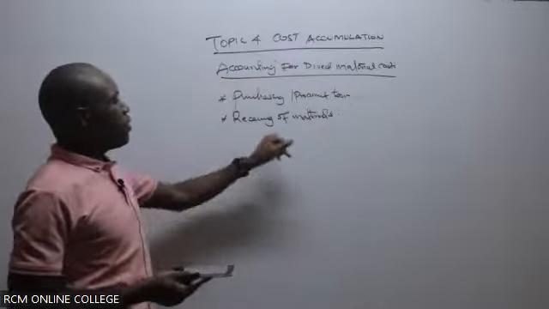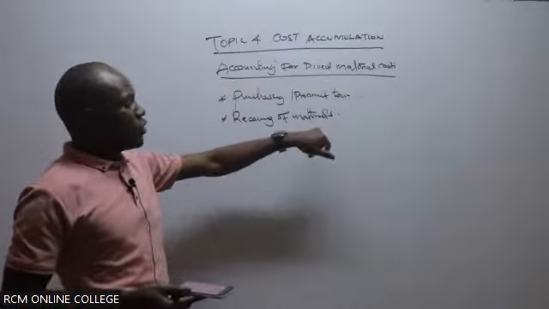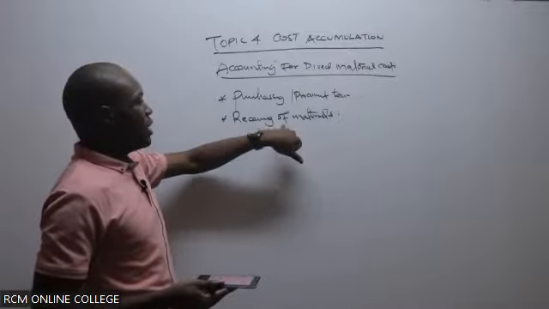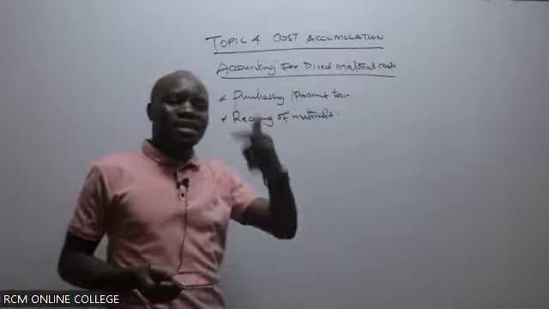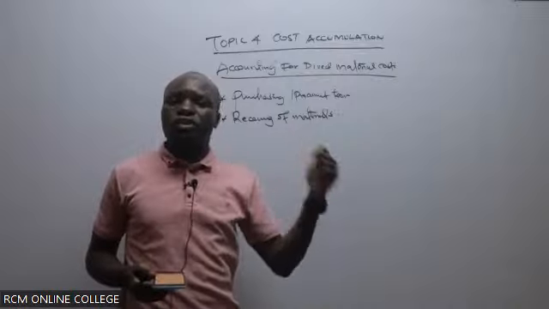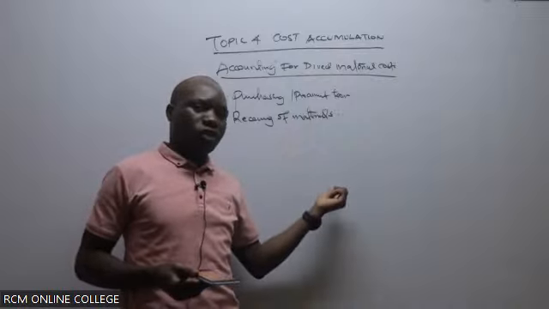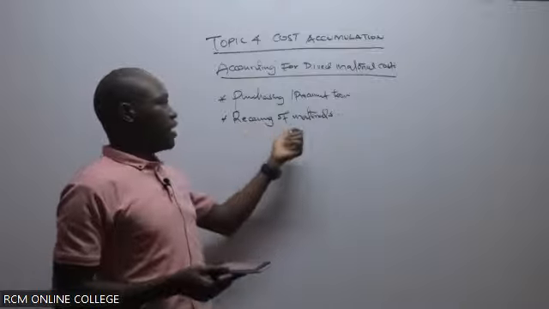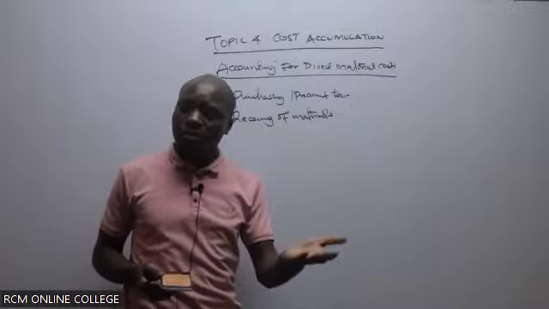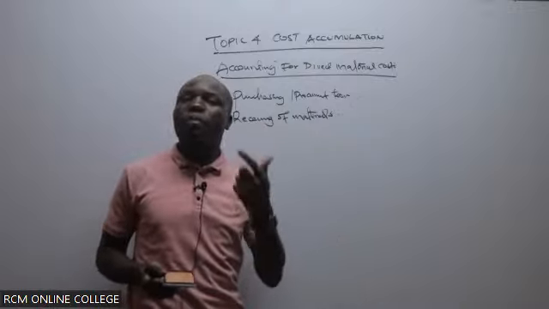So for the receiving of materials, those who receive these materials or maintain the stores, there's a high chance that they are not going to take care of these raw materials. Remember, within the raw materials, we have those that are bulky, and we have those that are perishable.